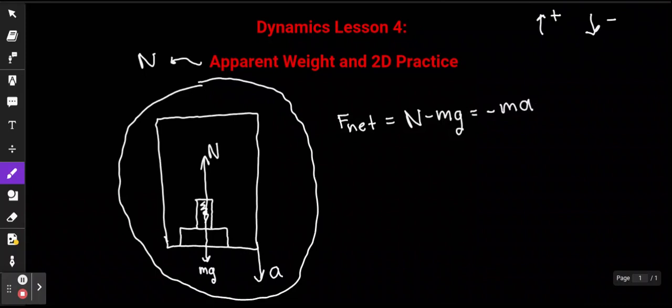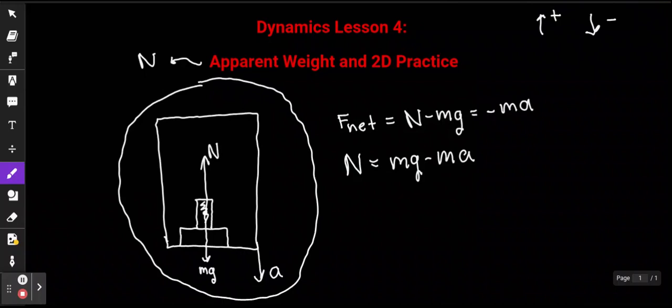So solving for N, we get mg minus ma. And that is why if the elevator is accelerating downwards at an acceleration of a, we feel lightweight, because our normal force is ma less than our usual mg that we're used to experiencing on a surface.